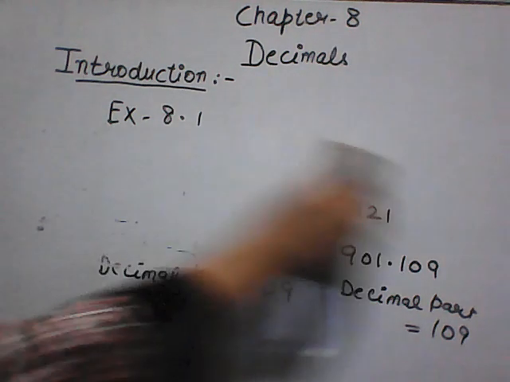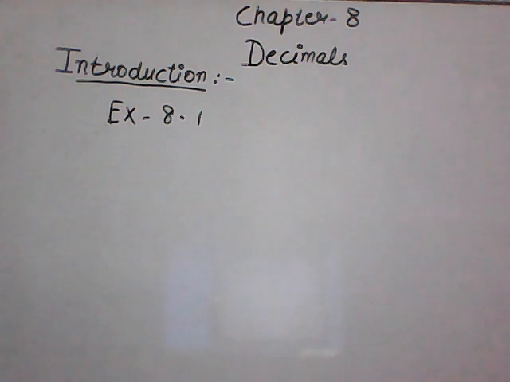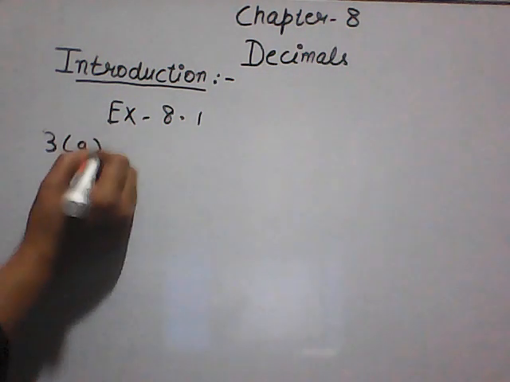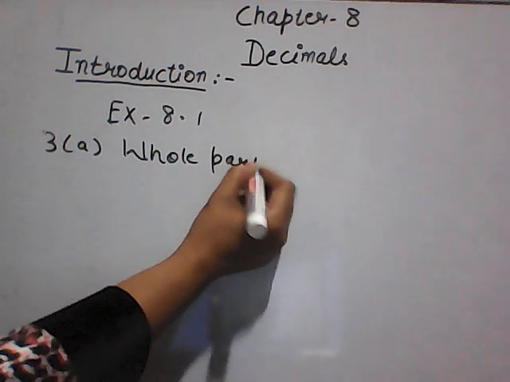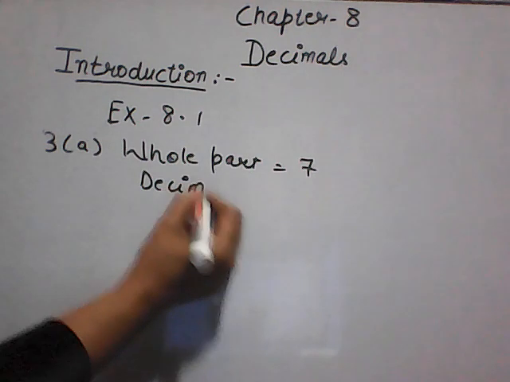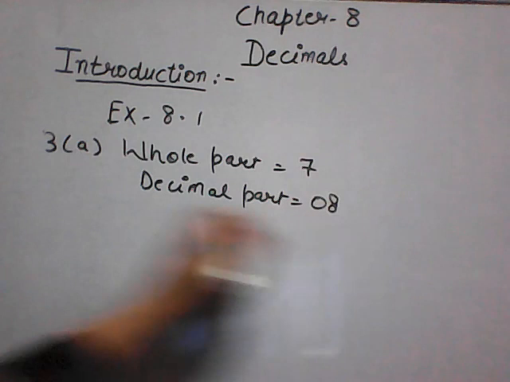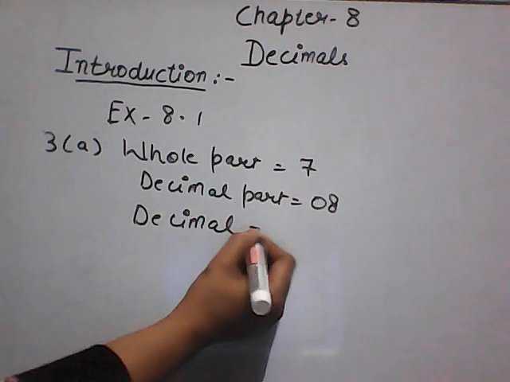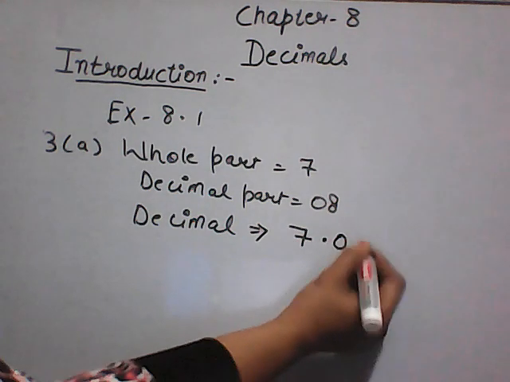In question number 3, you have to write the decimal when the whole part is 7 and the decimal part is 08. Suppose you have been given the whole part 7 and the decimal part 0.08. Now you have to write the decimal. Then how can we write the decimal? Whole part, point, decimal part. So the decimal can be written as 7.08.